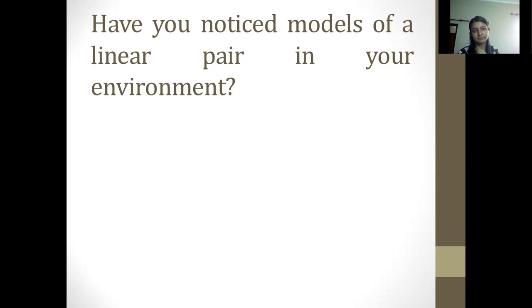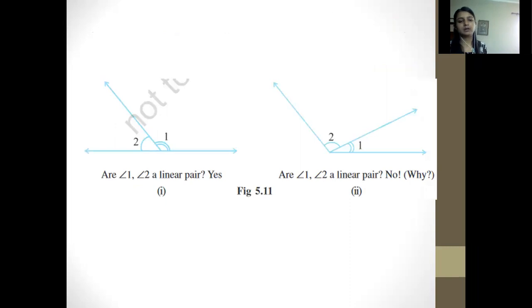Linear pair is very common. We usually have linear pairs in our daily life. Everything which is flat is a linear pair, like a table, plates, books, whatever. So students, in the first image, are angle 1 and 2 a linear pair?